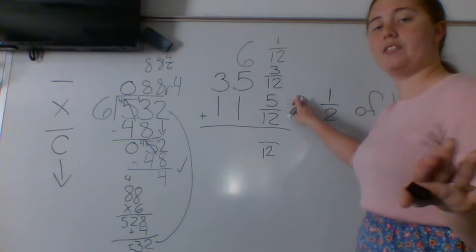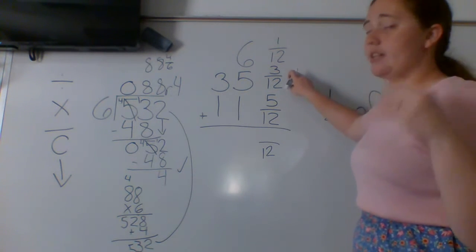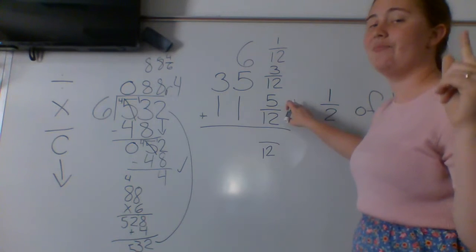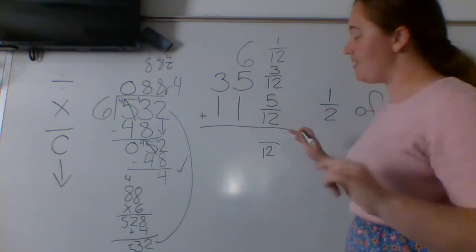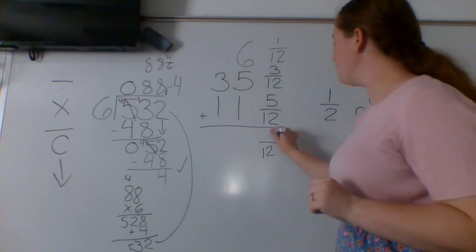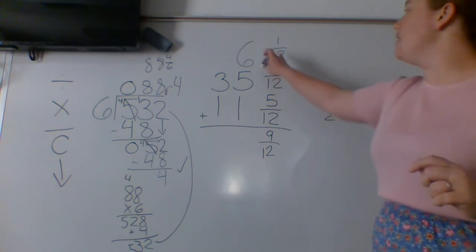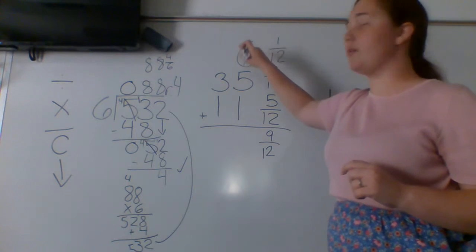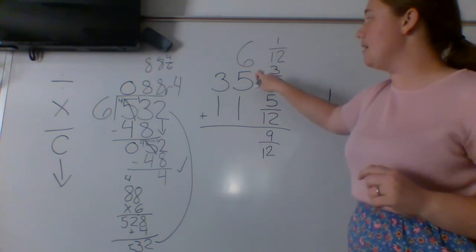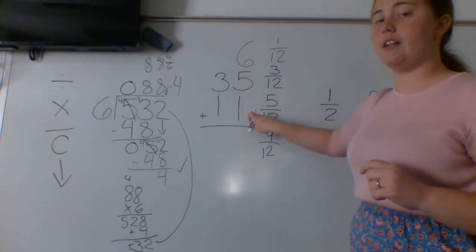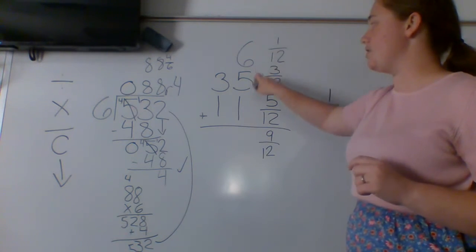I just saw the number 12 and said 12. 1 plus 3 is 4, plus 5 is, right, it's 9. That was my mistake. That was a good catch. Okay? Now we have my whole numbers, 6 and 35 and 11.